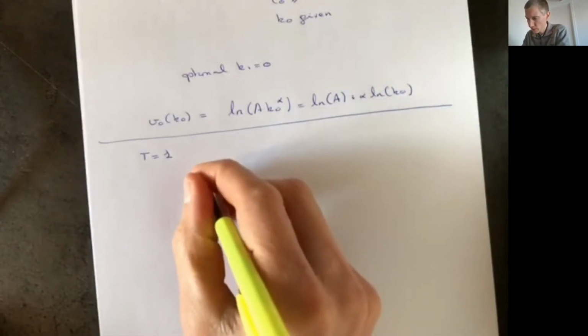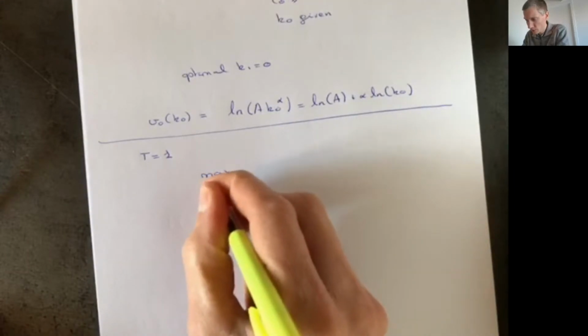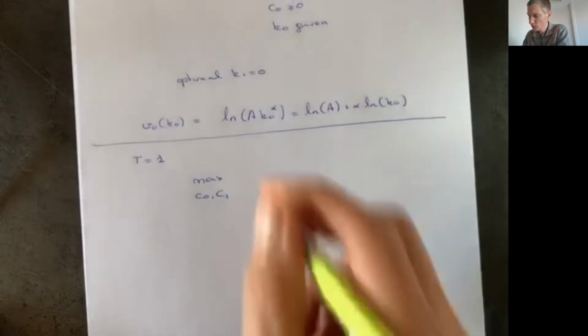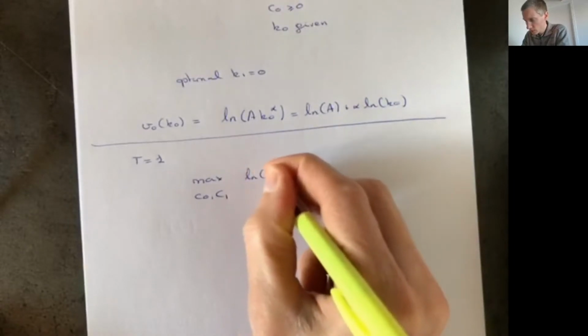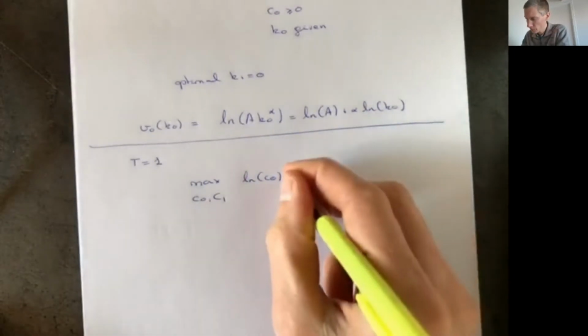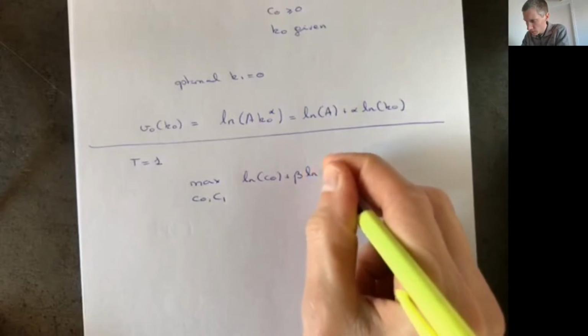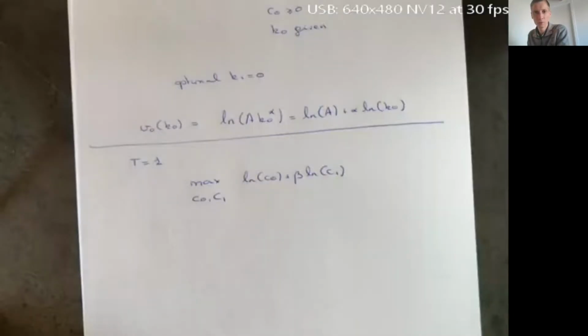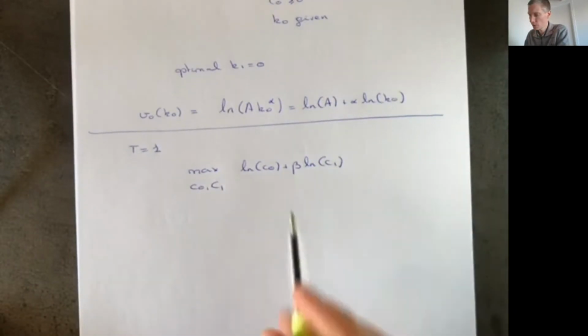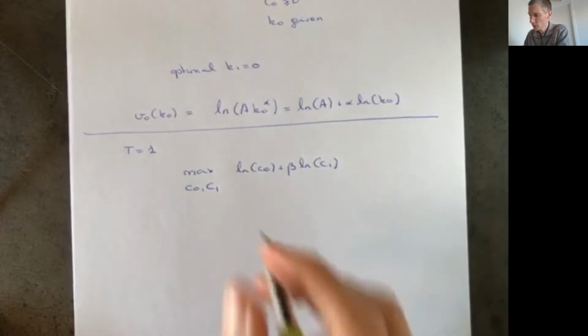Okay, and in this case, I'm maximizing over C0 and C1, ln C0, and then in the first period, I'm going to have beta, and in the second period, beta ln C1.